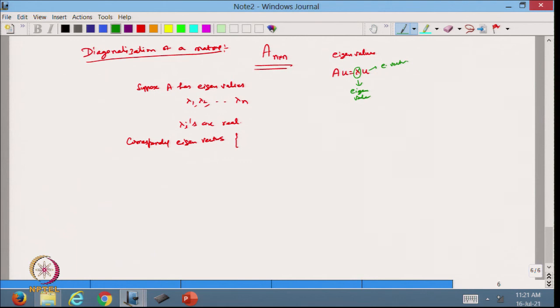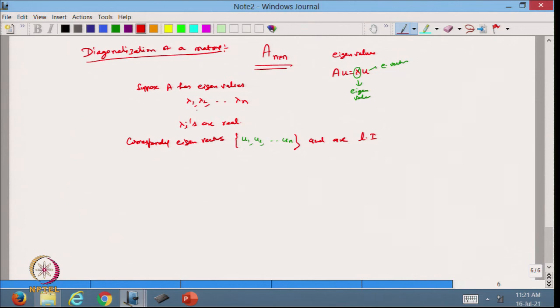Now, I take the corresponding eigenvectors. Suppose we are able to write the eigenvectors u1, u2, to un, so we are able to get n number of eigenvectors, and the corresponding eigenvectors are linearly independent.